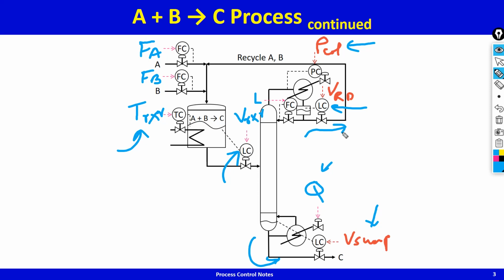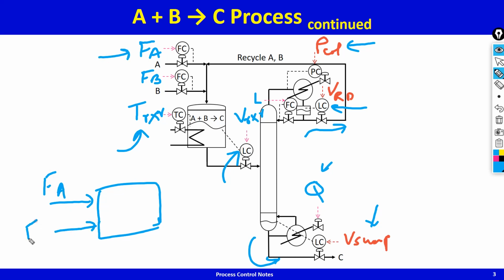Now if you look at the overall plant balance, what you're doing is you're fixing flow A here and you're fixing flow B independently here, and then product C is being taken out under level control. Whatever accumulates at the bottom of the column, if the level rises, that is what is being drawn out as the product.